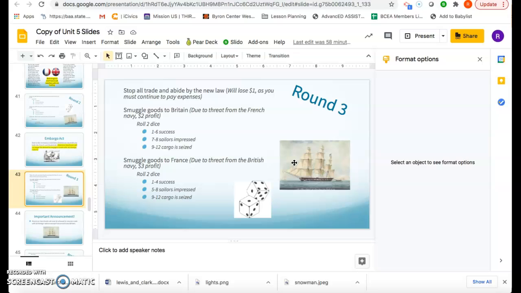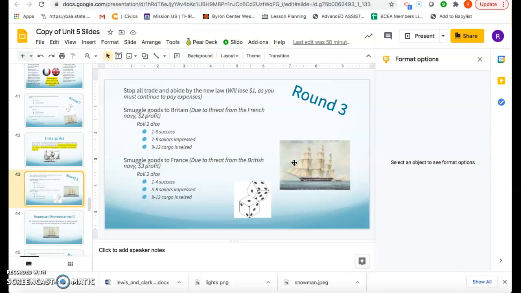Are you going to smuggle goods to France, due to the threat from the British Navy, for a $3 profit? But this time it's only 1 through 4 is a success. 5 through 8, your sailors are impressed. Or 9 through 12, your cargo is seized. Remember, if your sailors are impressed, you lose $1. And if your cargo is seized, you lose $3.